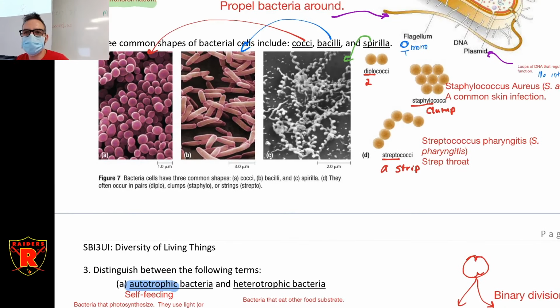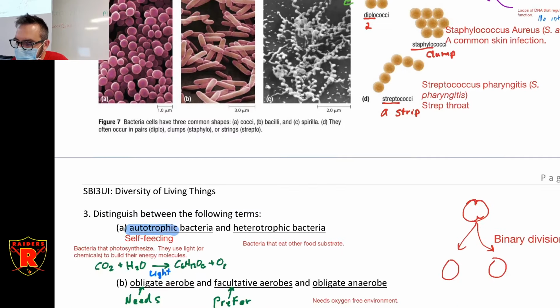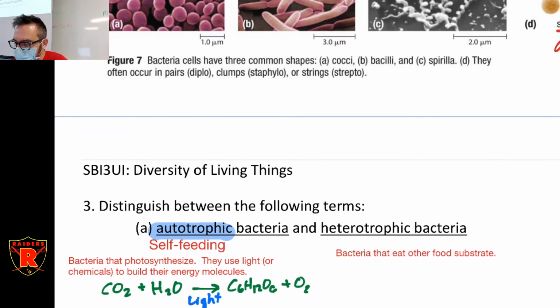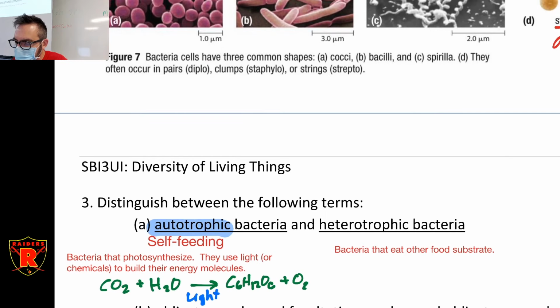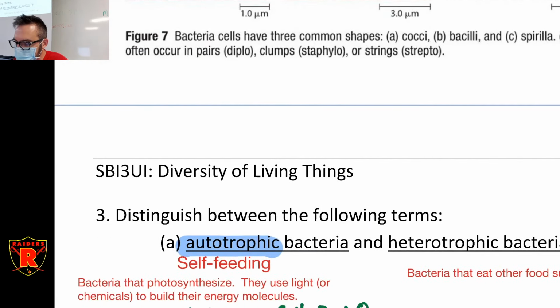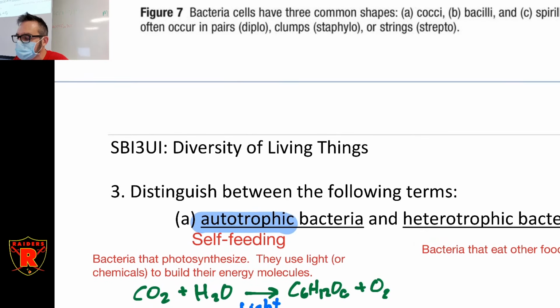Okay, another way that you can distinguish between bacteria. So shapes are one way. We used to use shapes all the time. It's what you can see under the microscope. We can distinguish them based on their metabolism. So we can say that they are autotrophs. An autotroph is something that is self-feeding. You would have talked about this in grade 9, hopefully.